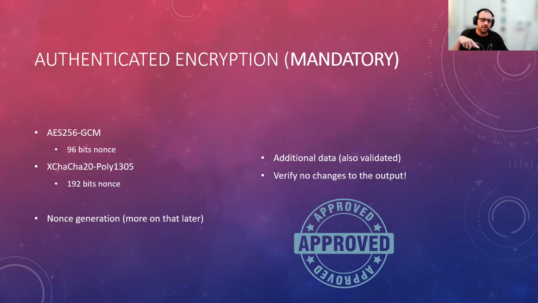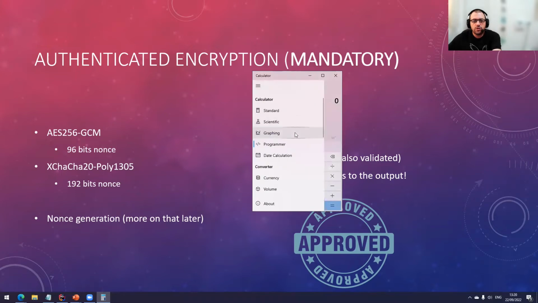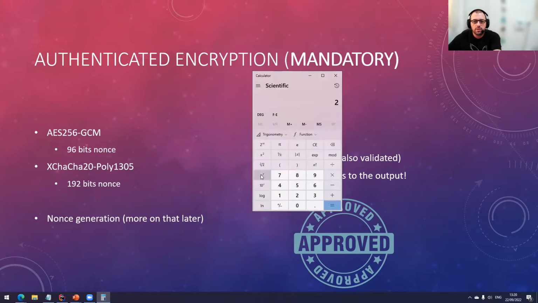With 96 bits, you have the birthday problem. If you randomly generate the nonce, then once in 2 to the power 48 attempts, you're going to have the same value. And just let me give you what it means. So this is a big number.